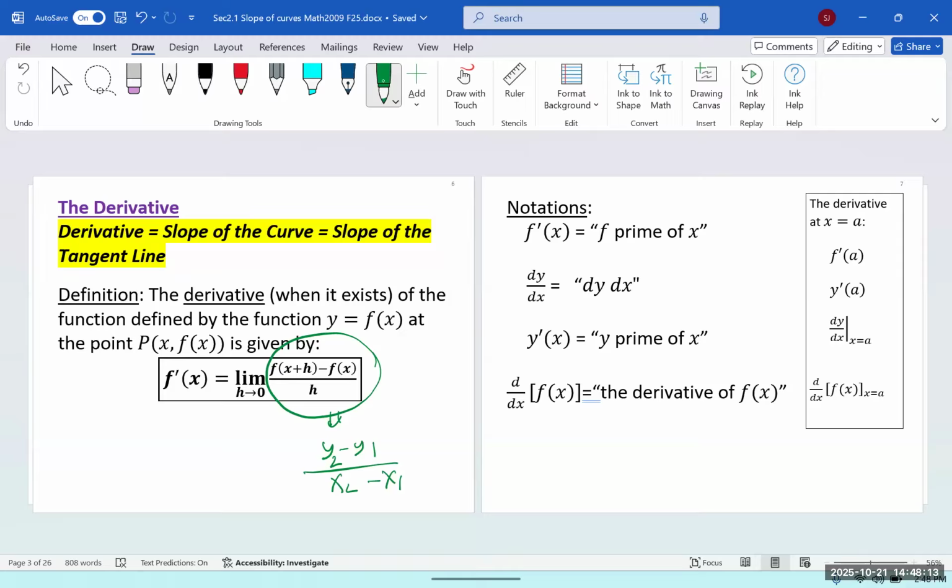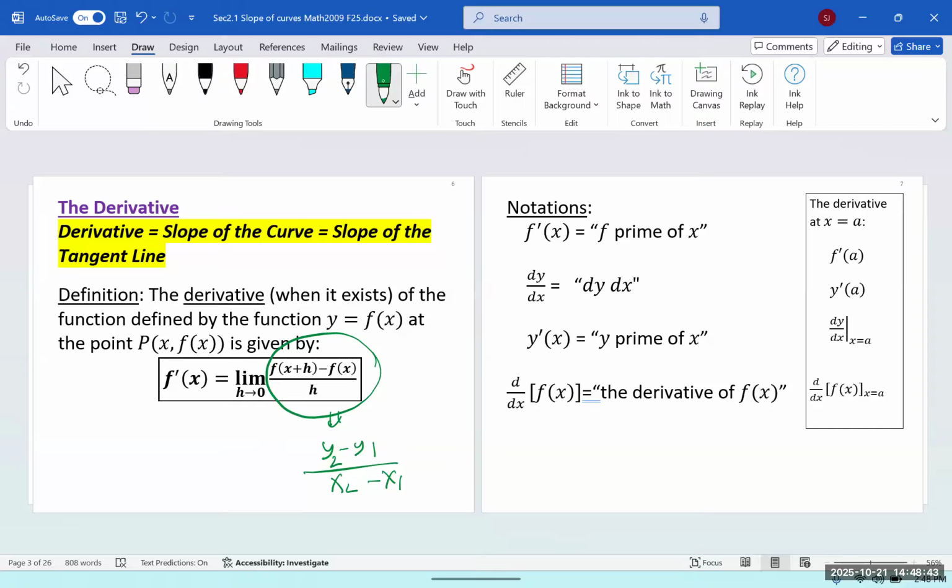This is called y prime of x. And also you may see d over dx of f of x, the derivative of this function in terms of x. They all mean the same thing, they just look different. In different places in your book, you'll see different notation. You are working with the derivative of the function.